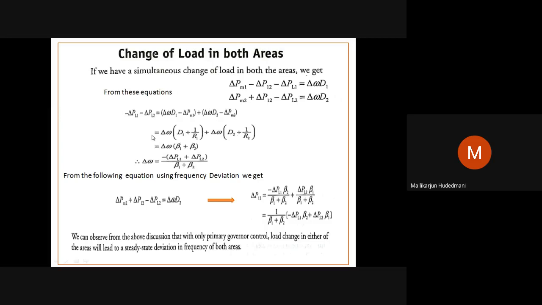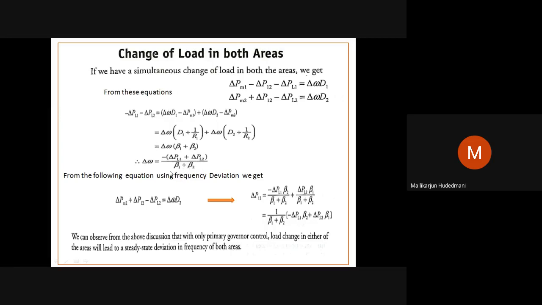Therefore, now we are in a very clear position to write the change in frequency deviation when both the areas are suffering: delta omega equals minus delta PL1 minus delta PL2 divided by beta 1 plus beta 2. Or I can take minus out: load change in area 1, load change in area 2, divided by composite frequency responses of area 1, area 2.